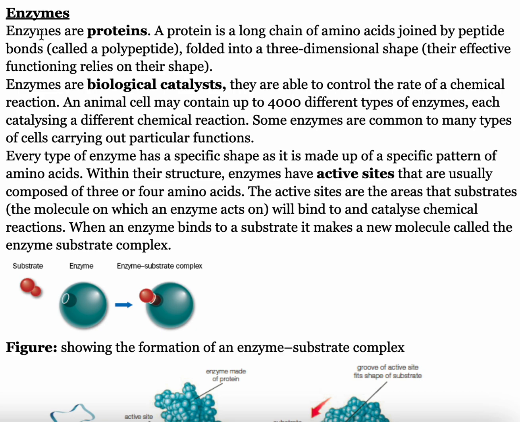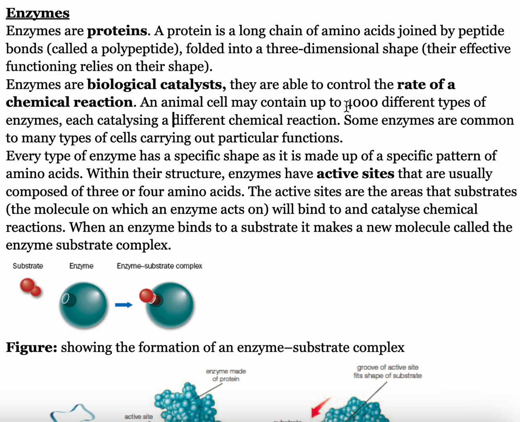Enzymes are proteins, and a protein is a long chain of, we did this before. Enzymes are biological catalysts. They control the rate of a chemical reaction.